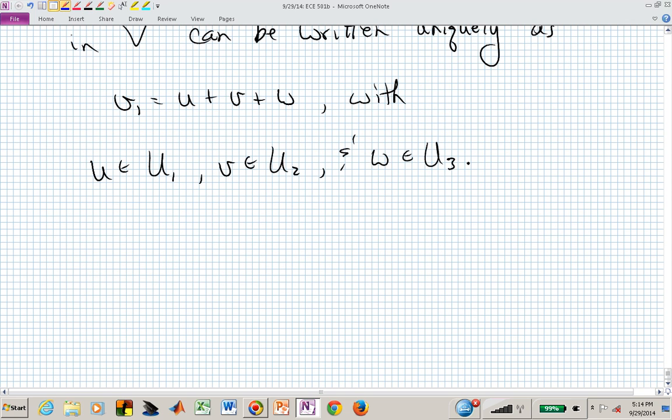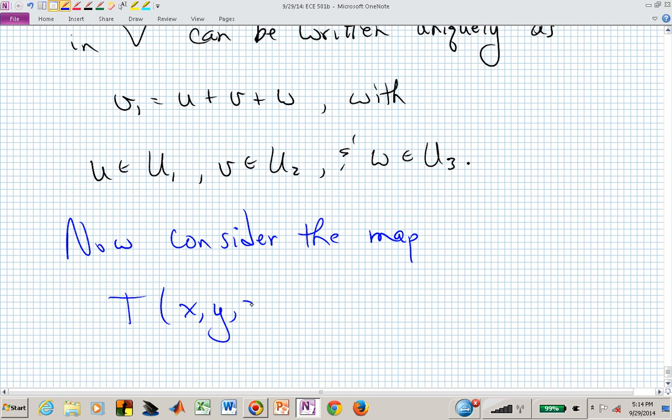We've now done a direct sum decomposition of V as our axes. Let's look at a particular linear map. Consider the map T operating on a 3-vector x, y, z and producing minus y, x, z.